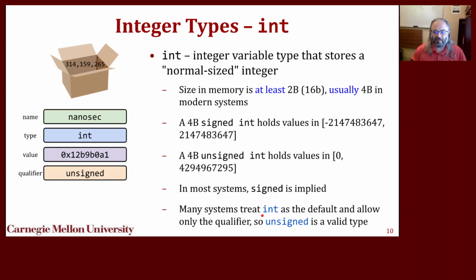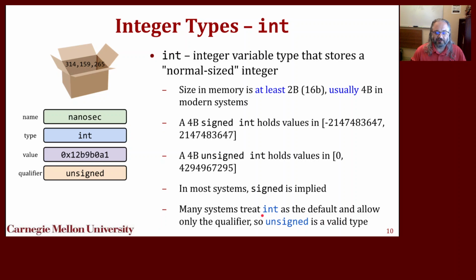The vast majority of modern systems use 4 bytes to store standard integers, so 32 bits. With a 32-bit signed integer, we can hold values from approximately minus 2 billion up to 2 billion. With unsigned integers, we can store values exceeding 4 billion. So this is 2 to the 32 minus 1.